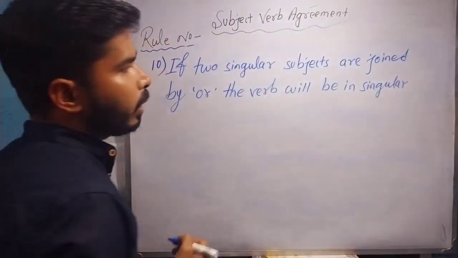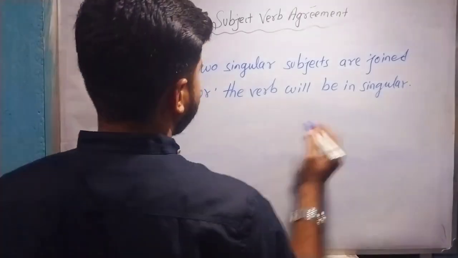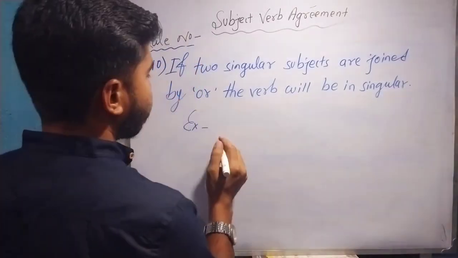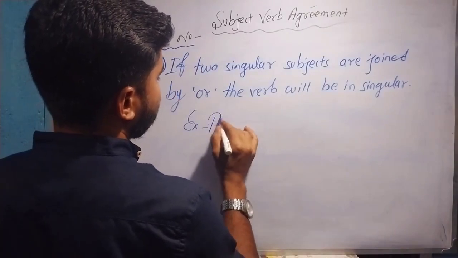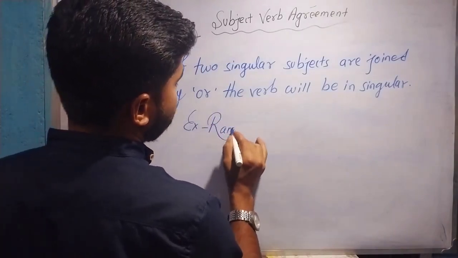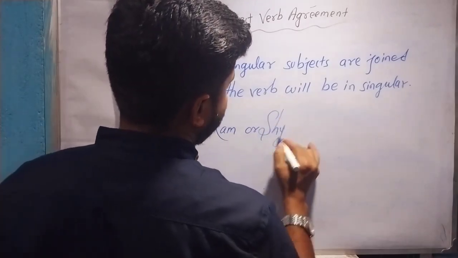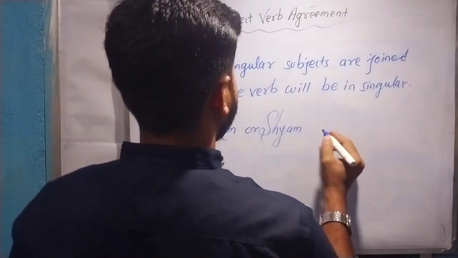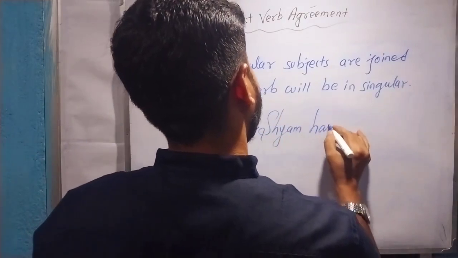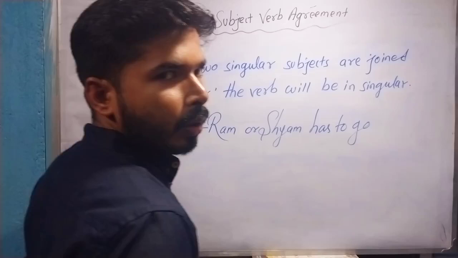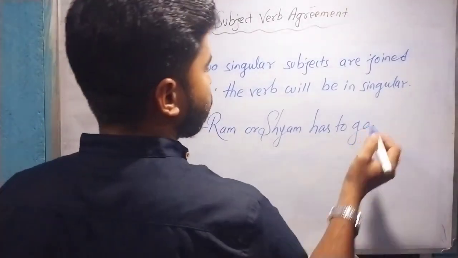The verb will be in singular. So for example, Ram or Sham has to go. Ram or Sham has to go.